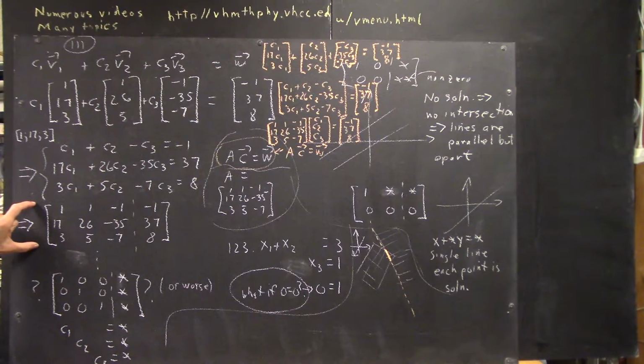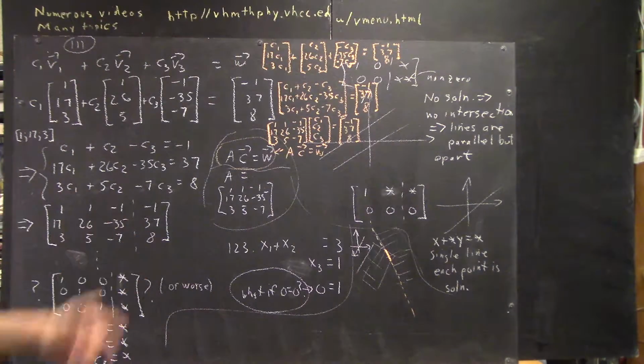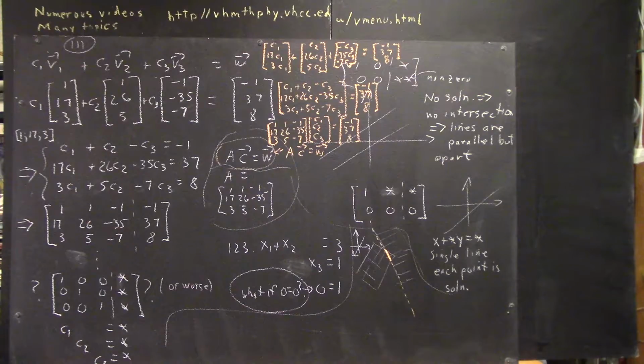Okay, now we're going to go ahead and see what happens. Well, actually, we'll just finish this up. Okay, so I didn't actually do the reduction of this matrix. I assume you can do that. So this matrix might give you this, okay? But it might give you something worse. And actually, I am going to amplify that a little bit, so I'll talk about this in the next video.